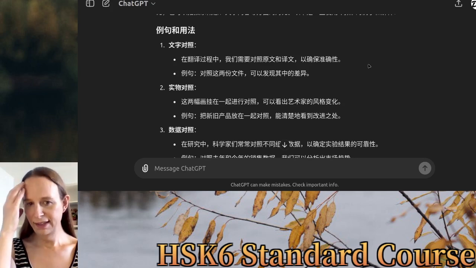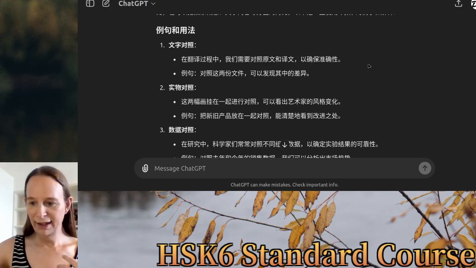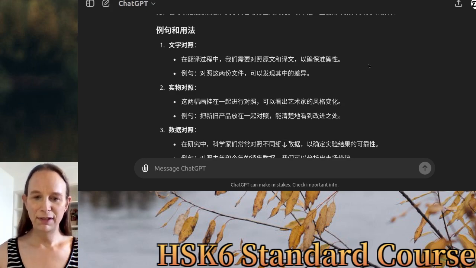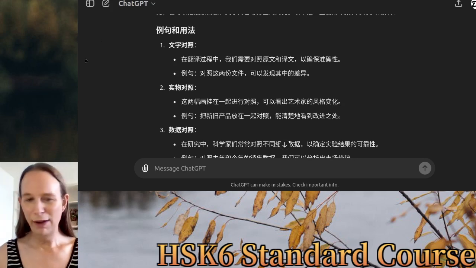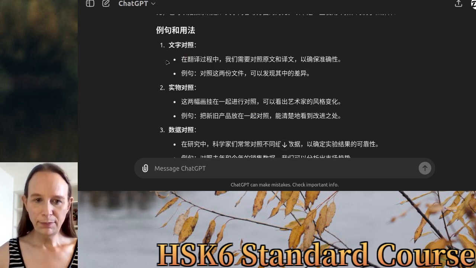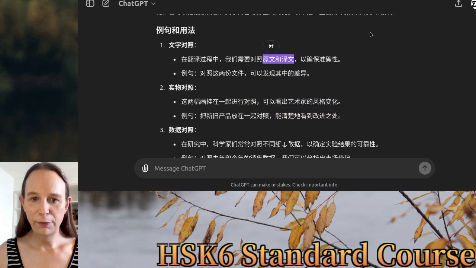That's comparison, but the 照 implies some kind of reference or you're consulting, like you have a kind of reference material, so you're comparing it with a reference of some kind. 在翻译过程中，我们需要对照原文和译文，以确保正确性。So we're comparing the original text with the translated text to maintain accuracy.